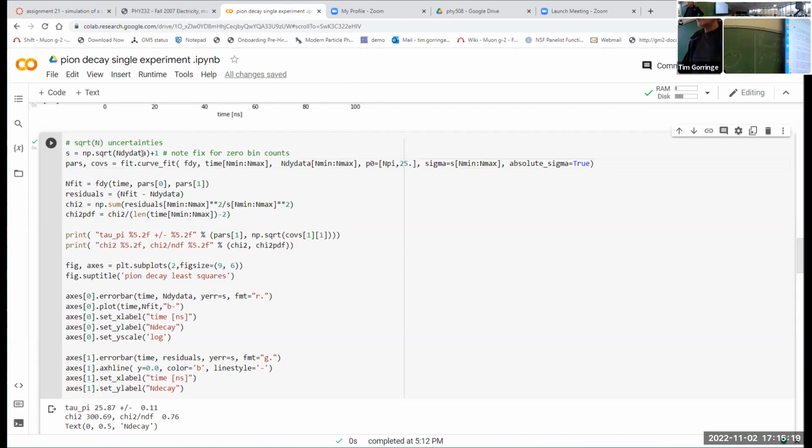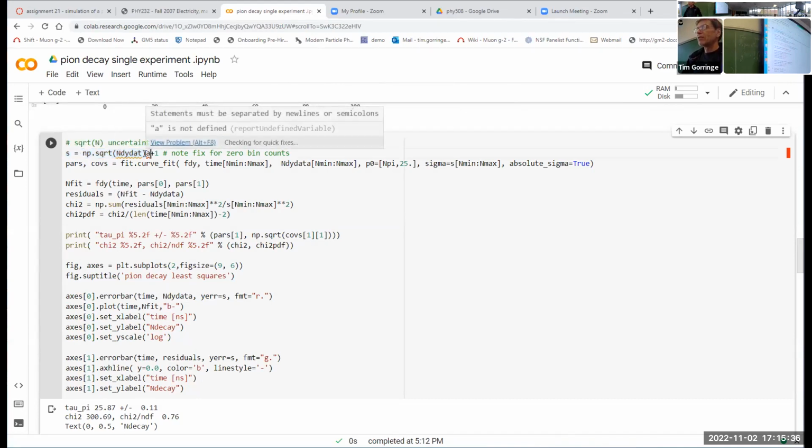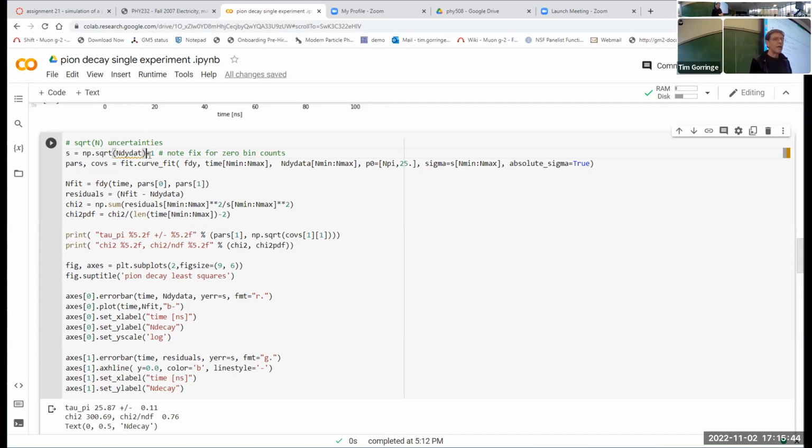Anyway, so now, before I do the fit, I define an additional array of the uncertainties on the number of decays that's equal to the square root of the number of decays. There's one little subtlety that I put in here. I've added 1 to that. The reason I added 1 is that if you have 0 counts in a bin, then you'd be taking the square root of 0.